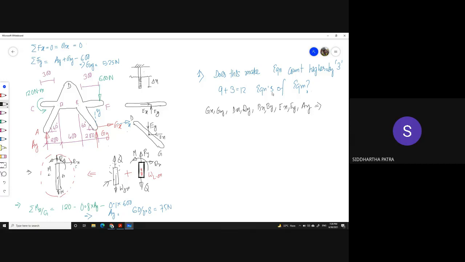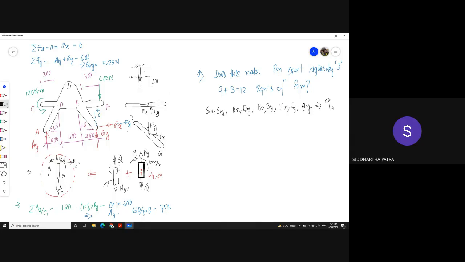If I'm asked to find out what are the reaction forces at every point, which is A, B, E, D, G, how many unknowns? That is the most generalized question that I can ask over here. All of these joints are pin joints except for A, which is a roller support. So only one reaction comes from A. For all others, there are 2, which basically means a total of 9 unknowns, right?